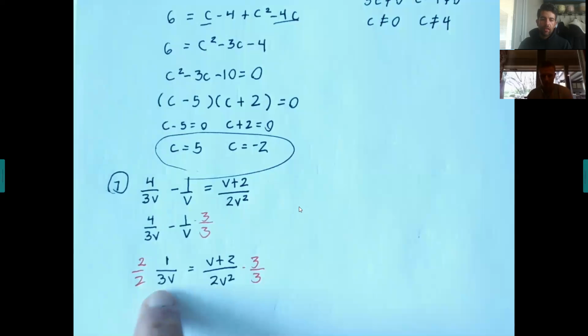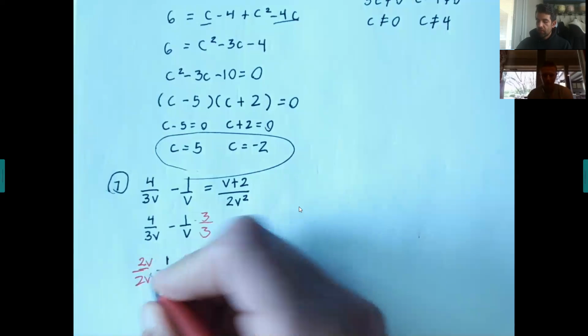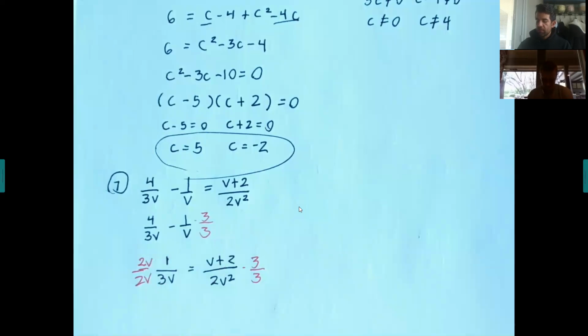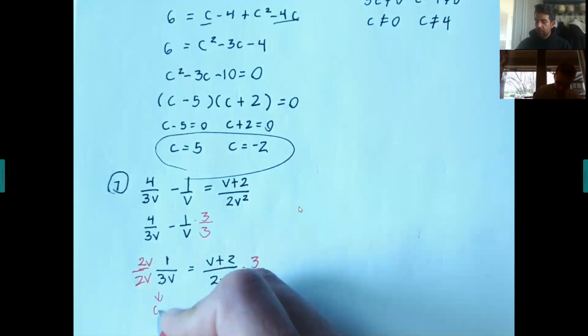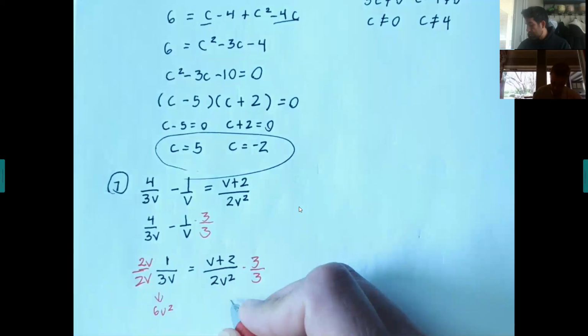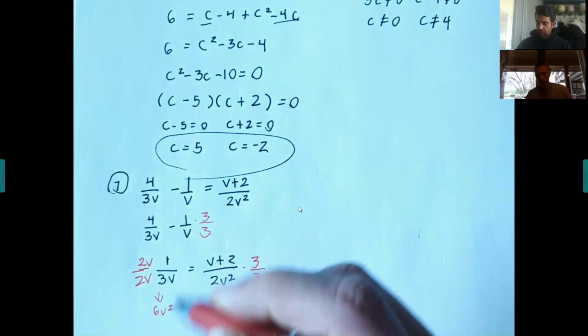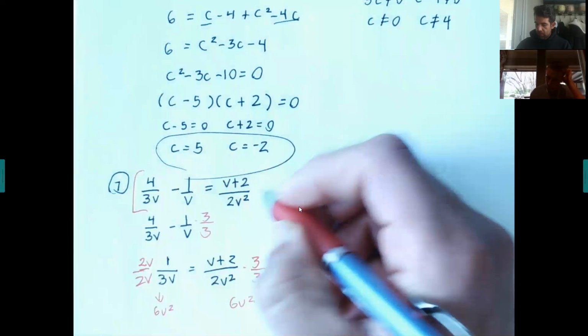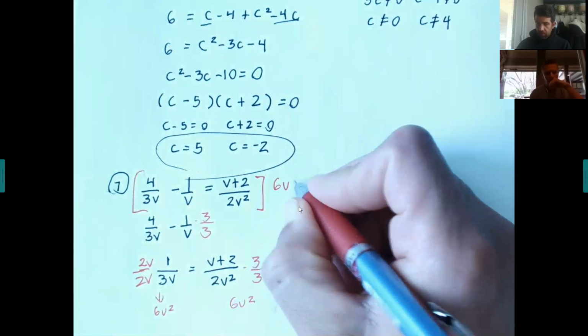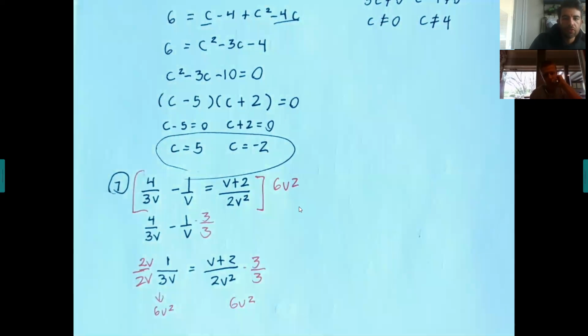What would I have to multiply this by to make this v into a v squared? A 2v. Right. So what I'm trying to tell you is that this right here would give me 6v squared, and I'm doing way too much work here, but that's what I need to multiply these by. You see what I'm saying?